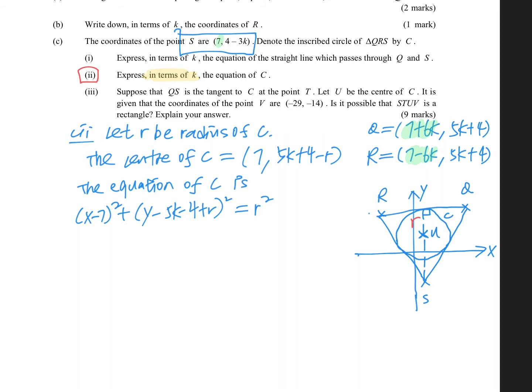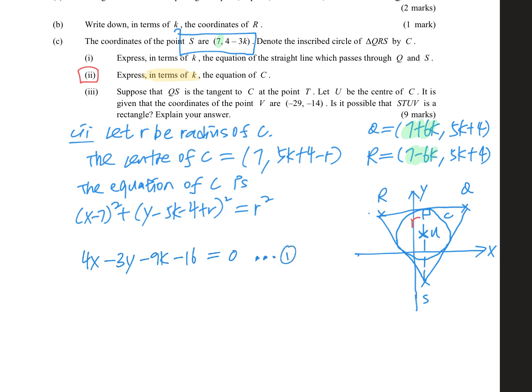So here, I'm afraid we need to eliminate R. So how to eliminate R then? Of course, this is equation 1, whatever. Maybe we have the linear equation first. Don't forget we have the C1. So C1 is 4x minus 3y minus 9k minus 16 equals 0. This is what we call equation 1.